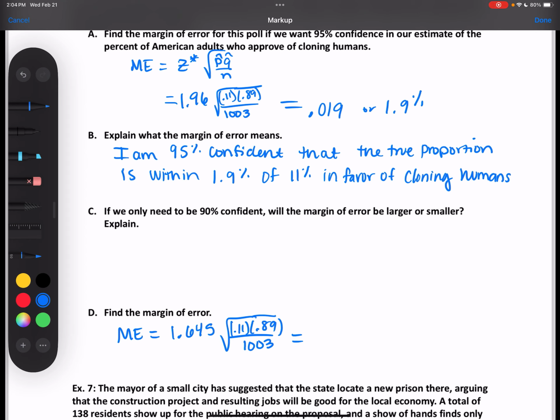It's 0.016, or 1.6%. So it is in fact smaller, and it's a smaller interval because we're less confident.